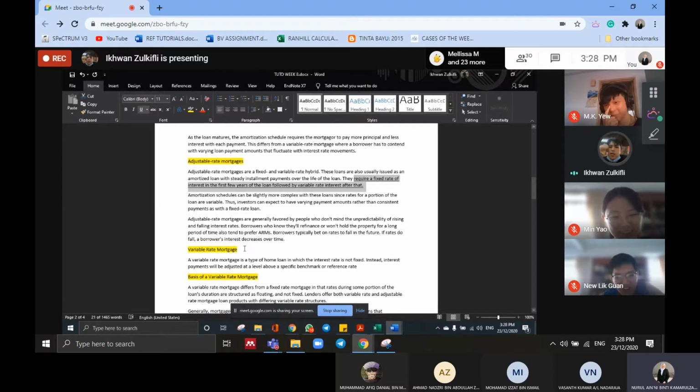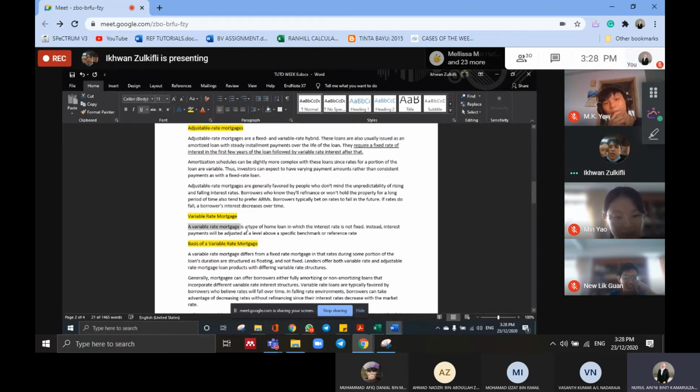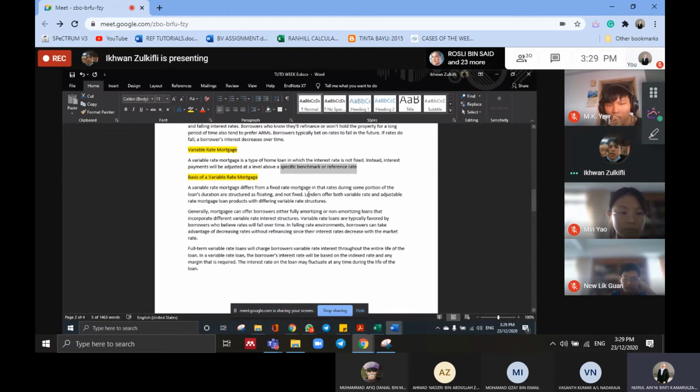And for variable rate mortgage, it is a type of home loan in which the interest rate is not fixed. Instead, interest payments will be adjusted at a level above a specific benchmark or reference rate. It means the mortgage is not fixed. Lenders offer both variable rate and adjustable rate mortgage loan products which differ in variable rate structure.